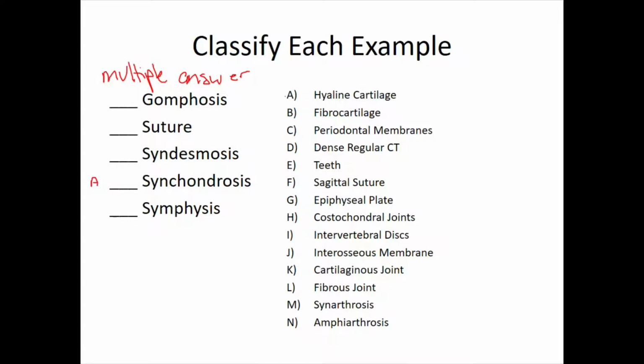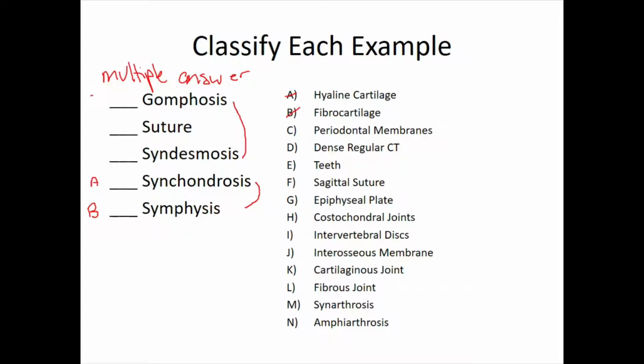These are all fibrous. These are cartilaginous. So fibrocartilage makes the difference. The symphysis is fibrocartilage, so we're done with that one. The periodontal membranes, this is specific to the gomphosis. Okay, so we know that that is the only one there.